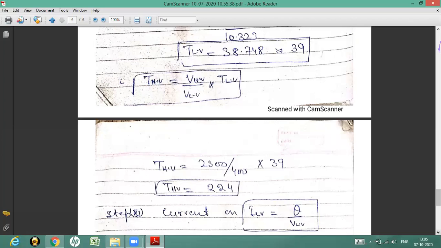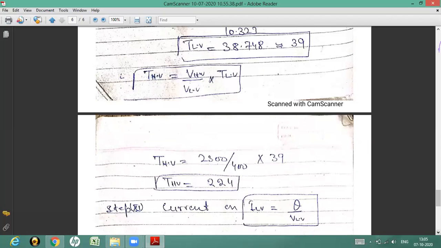So tell me, what is the value of current on the low voltage side? 250 amperes. Absolutely right.